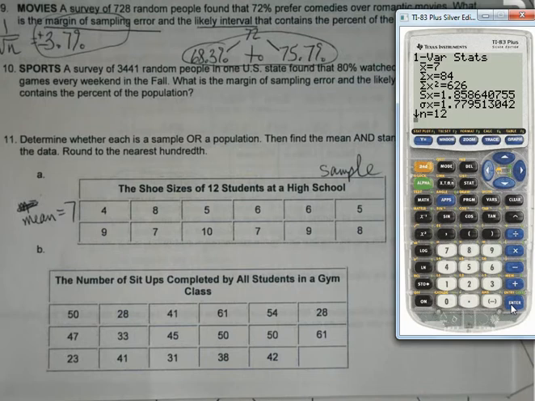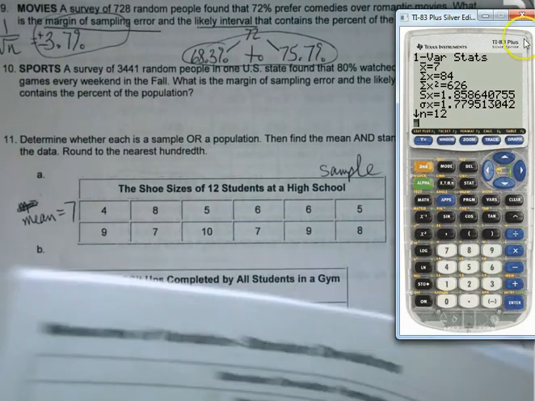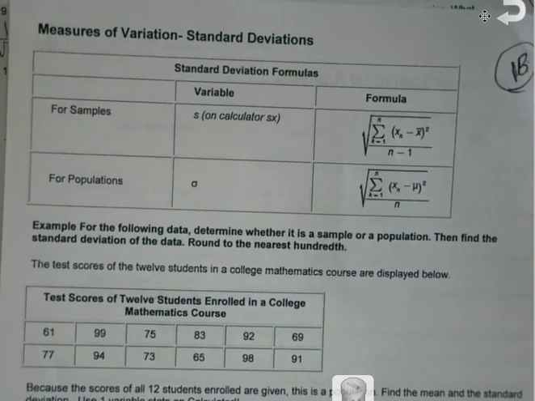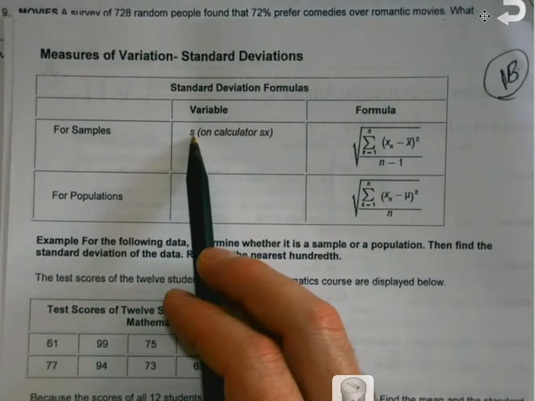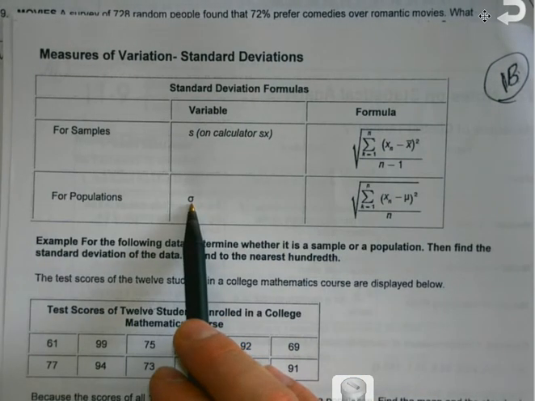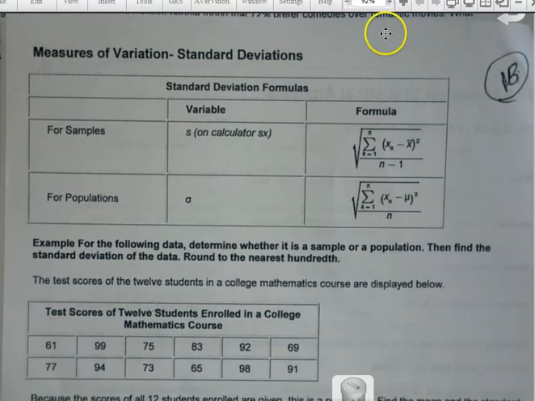And then my standard deviation, again, we've got to pay attention to the difference between whether it's the sample or whether it's a population. Easiest way to remember this, and I'll pop this up from yesterday: samples, it looks like there's an S in front. That makes sense. Okay. Populations. So we're just looking for those symbols as we look in the calculator.